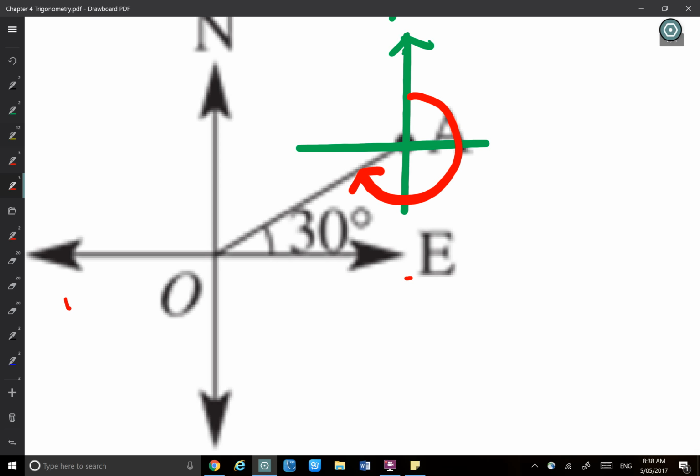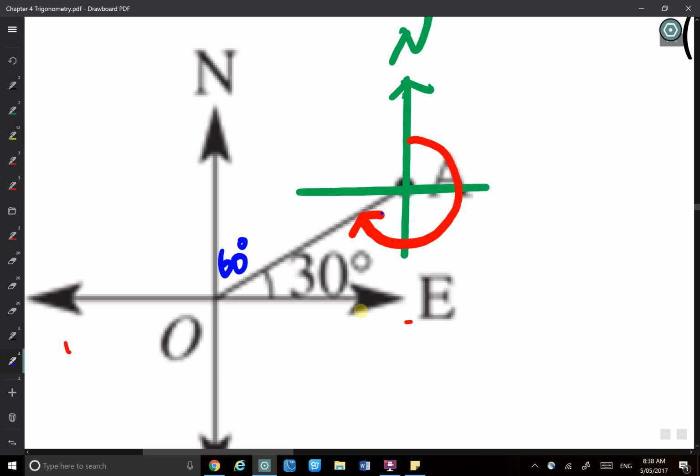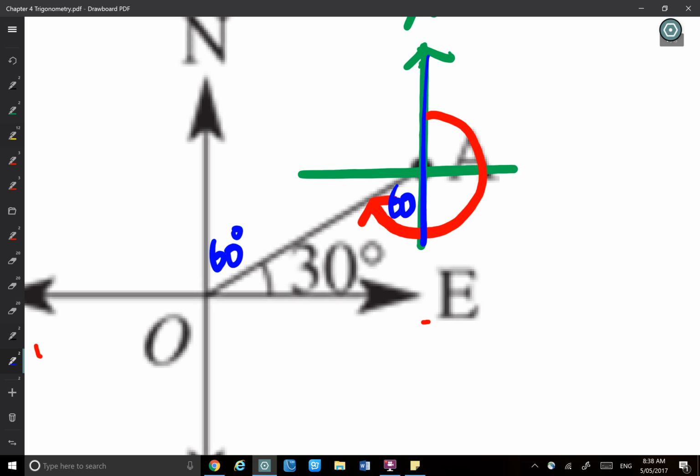This angle will be, remember, here is 60 degrees, since 90 minus 30 is 60 degrees. Because this line is parallel to that one, as they are all facing north, here is 60 degrees as well. These are alternate angles because the two lines are parallel.